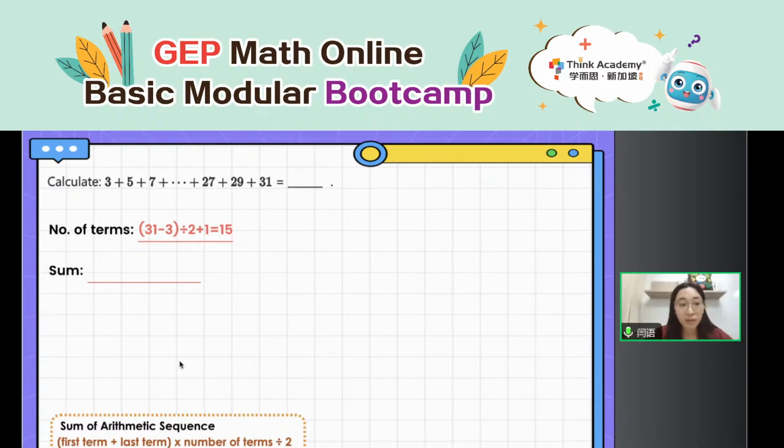Well, following this again, we just apply the formula. What is the first term plus the last term? That is 3 plus 31. Remember that? The small number and the big number are in one column, right? And then how many columns are there? We already figured out that there are 15 numbers, which means there are 15 columns. Then multiply them together, but do remember that you were looking for a double train, but actually you only want one train.